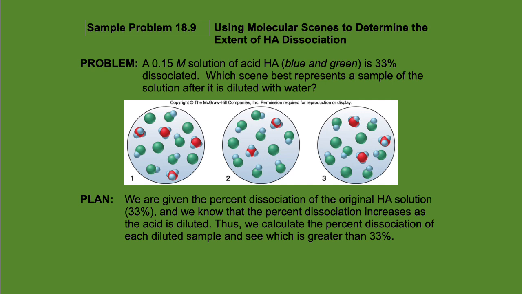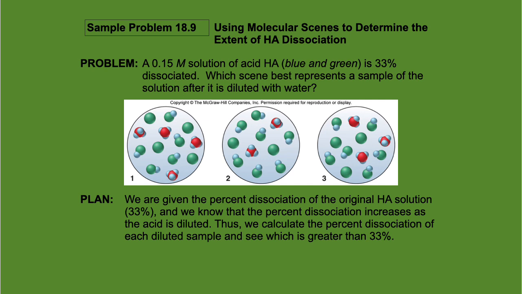Take a moment and look at these solutions and see how they differ from one another. Recall that in this solution, the red dots with 3 hydrogen atoms represent the protons, H3O, or also what we've been calling H+.